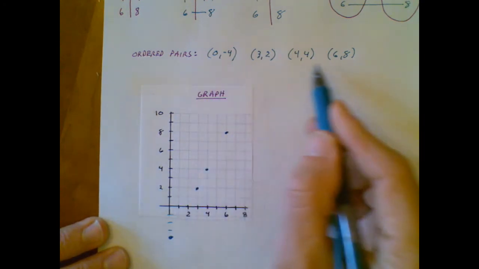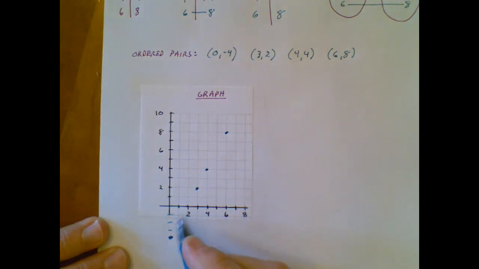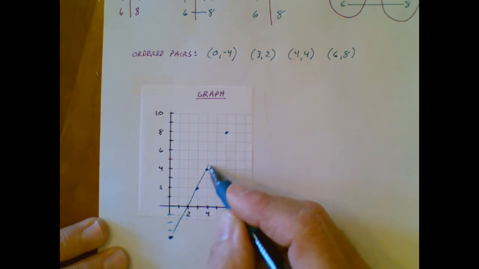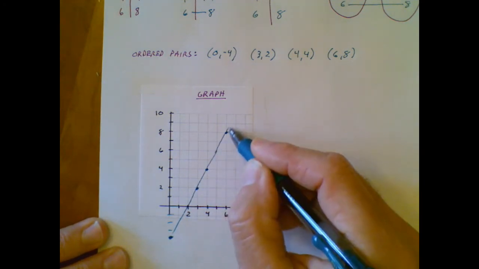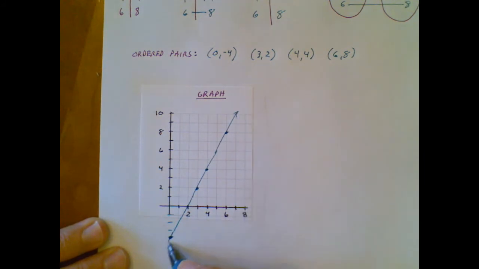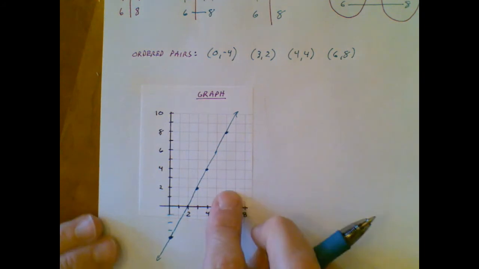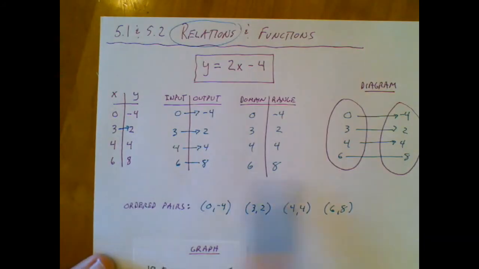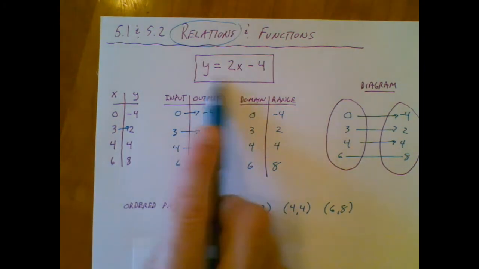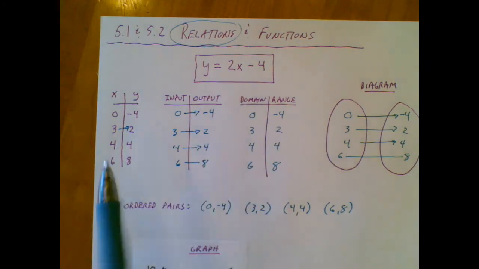I'm just taking all of those points and I'm plotting them on the coordinate grid. And in this case, it makes this beautiful linear pattern. So this relation can also show up as a graph. But whether it's a graph or ordered pairs, a table or a diagram, they're all different ways of describing the relation that you see here.